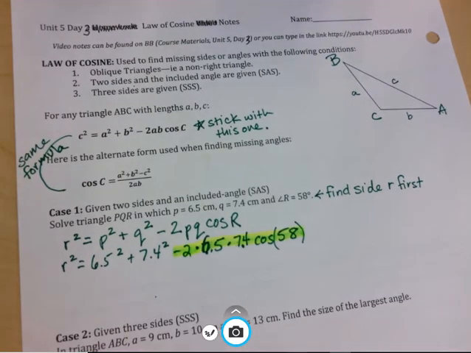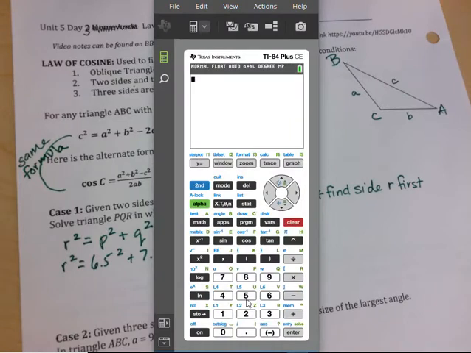So grab your calculator, and we're going to put the whole thing in. 6.5 squared plus 7.4 squared minus 2 times 6.5 times 7.4 cosine 58.